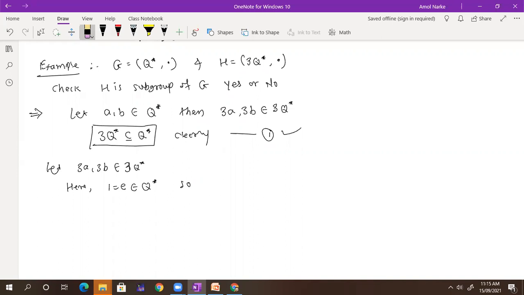One only. Whether 1 belongs to 3q star? Yes, because 1 by 3 belongs to q star, and 3 times 1 by 3, the 3 cancels and we get 1. So 1 also belongs to 3q star, and 1 is the identity.